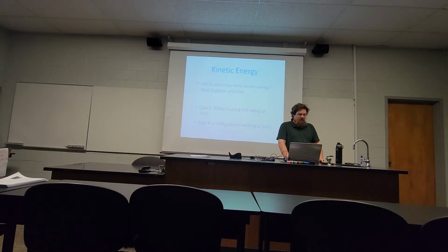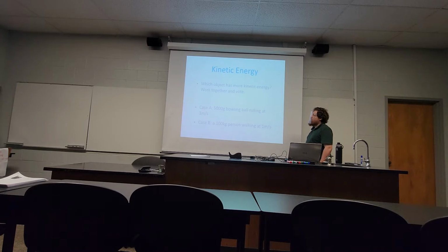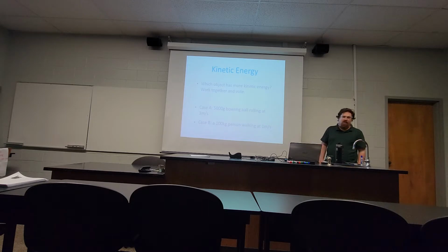We haven't used it yet, so quick sample calculation. Two objects are currently listed on screen. We have a 5,000 gram bowling ball rolling forward at 3 meters per second, and we have a 100 kilogram human walking forwards at 1 meter per second. Which of these two cases has more kinetic energy within them?